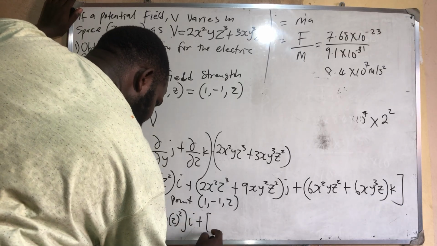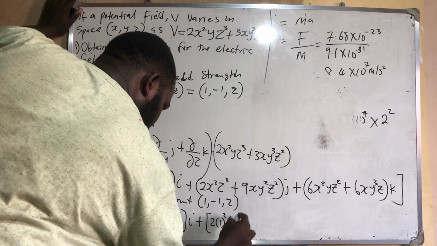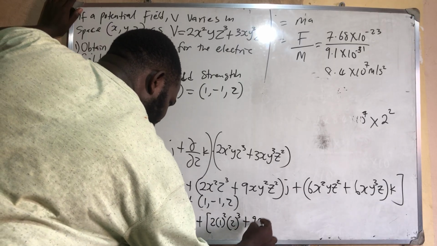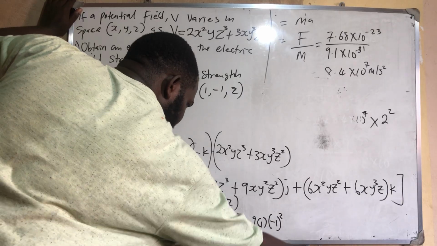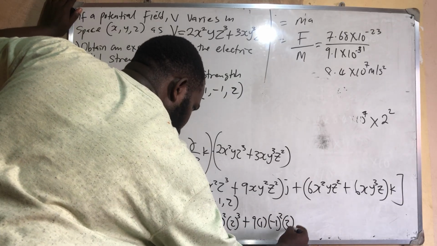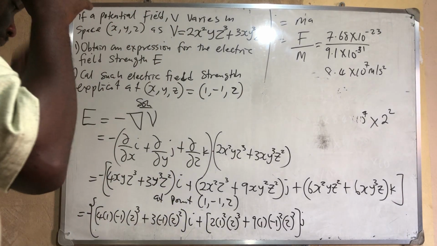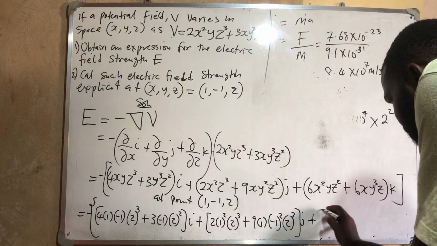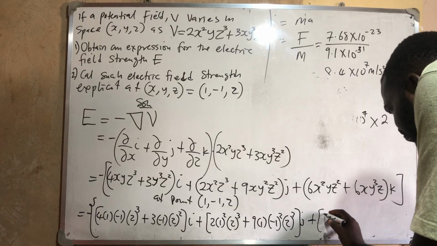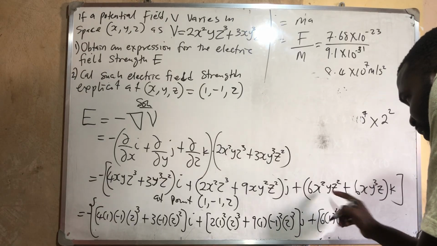I have 2 into 1 squared into 2 cubed plus 9 into 1 into minus 1 squared, then into 2 raised to power 2. You close and put your j. Then plus, you have to be very, very careful. Then for your k, I have 6 into 1 squared into minus 1.